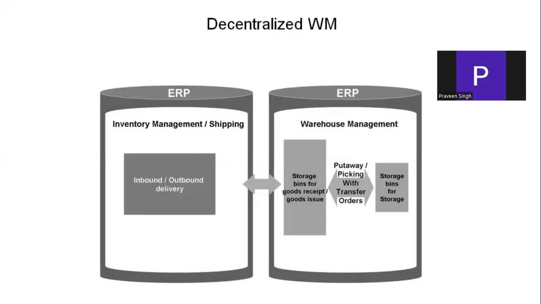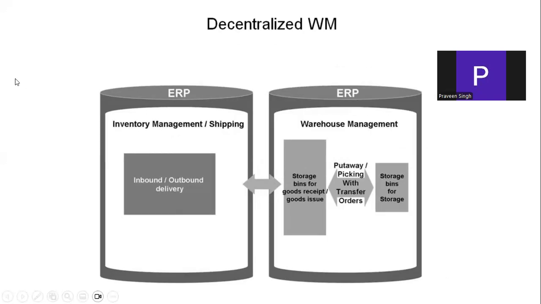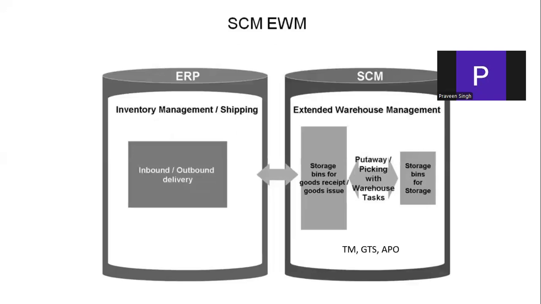So coming to the next one, it is a similar one. We can even have two ERPs combined together. And coming to the next slide, it is SCM warehouse management.